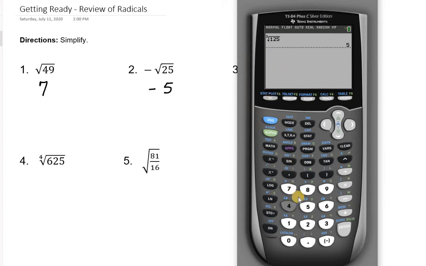I'm going to type in 4, scroll over, and then type in the 625, and then press enter. The fourth root of 625 is 5. Now, if you have an older version of your calculator, you may not be able to do the problem that way. You may need to type in the 4 first and then go to that math key.